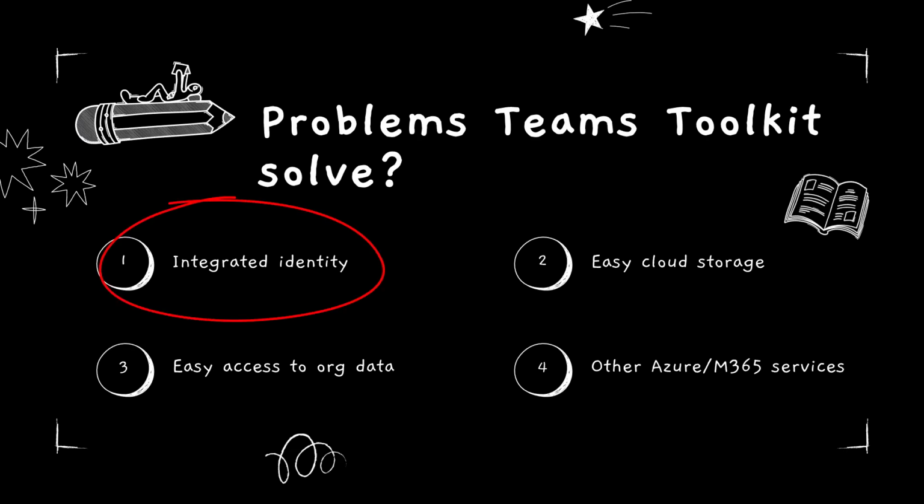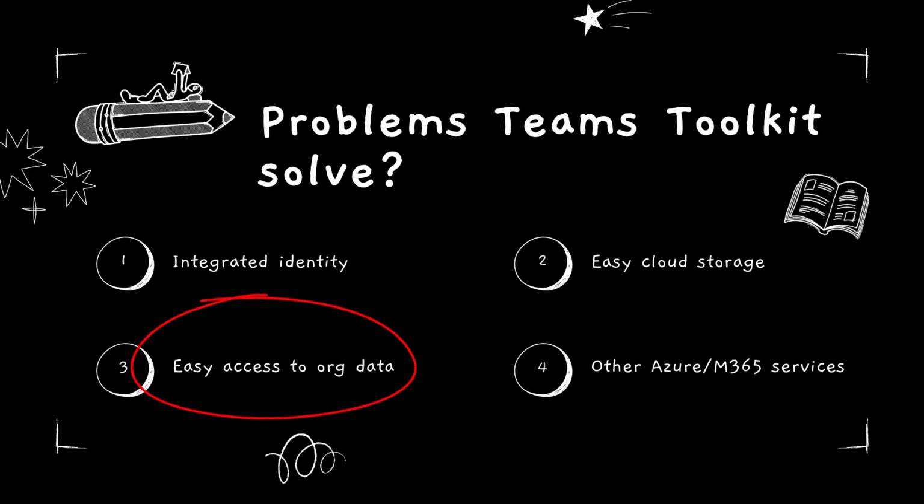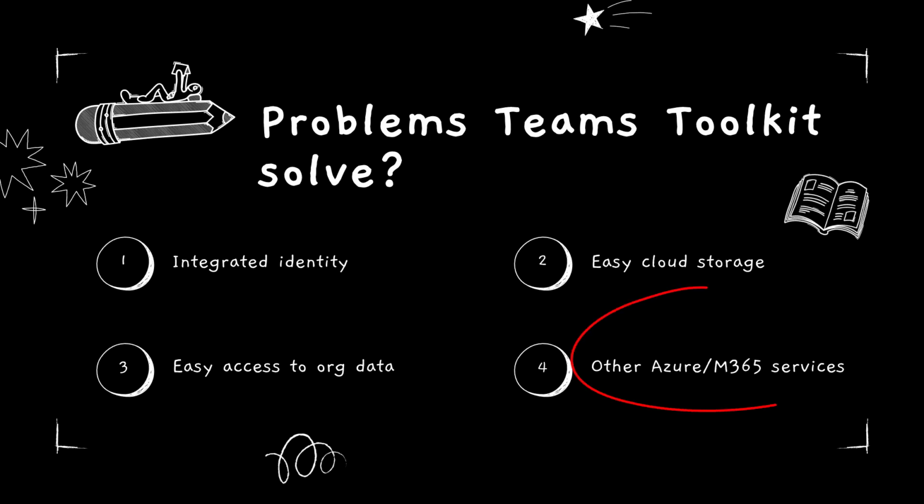For example, integrated identity makes it easier to access cloud storage. Or if you want to access your organization's data, we offer a convenient feature through the Microsoft Graph. Of course, there are a lot of other Azure or Microsoft 365 services. We made them easy with the zero config approach.